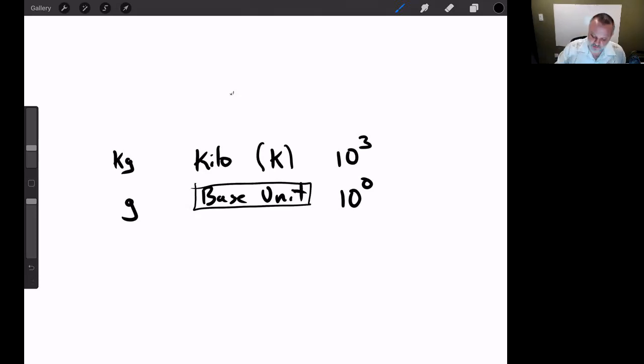And so let's continue to go up. These are the ones you have to know. 10 to the 6th. This one is mega. And its symbol is big M. And so a megagram would be big M with a little g. The next one up is giga, G-I-G-A.